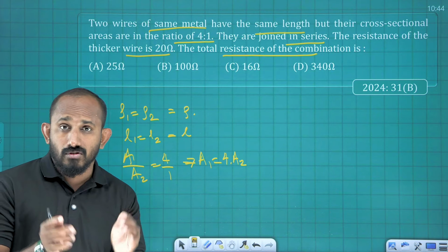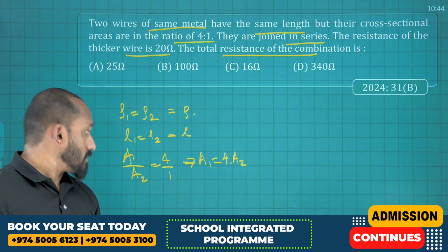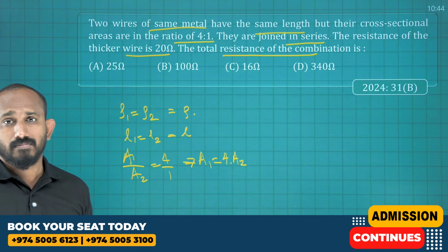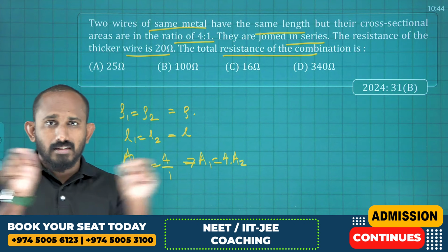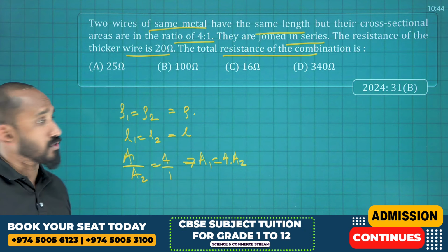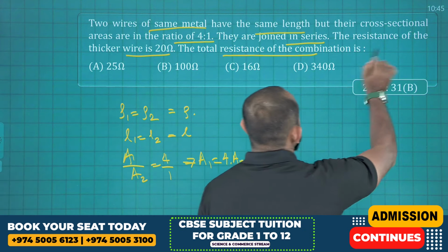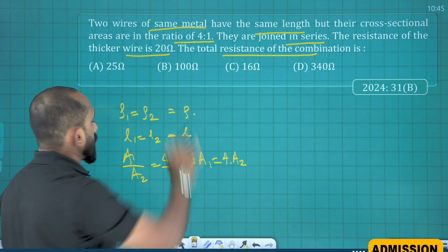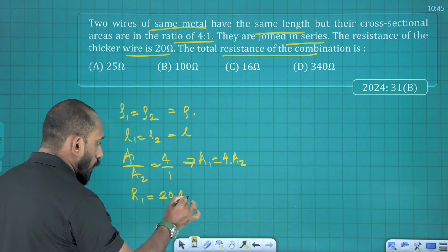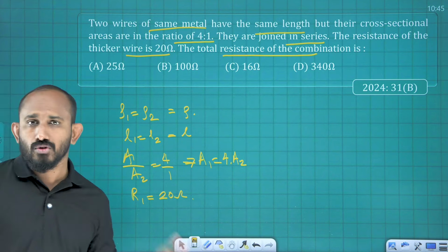So the area of cross-section of the first one is 4 times that of A2. So the first one is the thicker one, and the thin one is A2. Given here, they are joined in series and the resistance of the thicker wire is 20 ohm. So R1 is equal to 20 ohm as mentioned in the question.